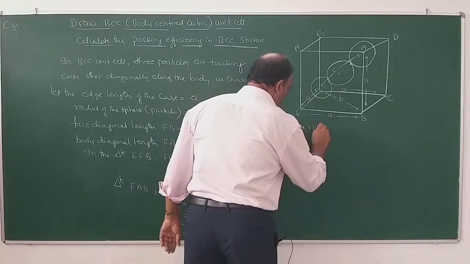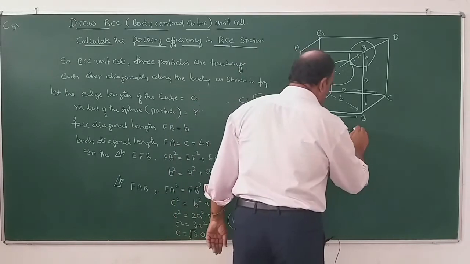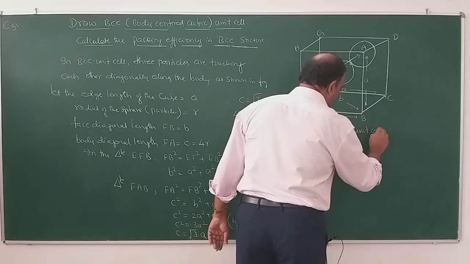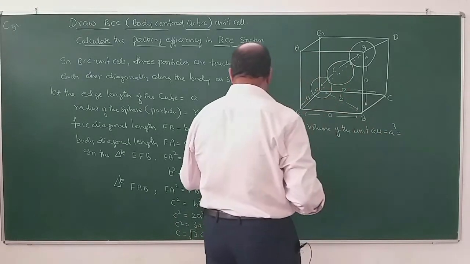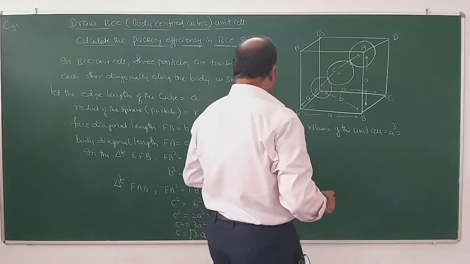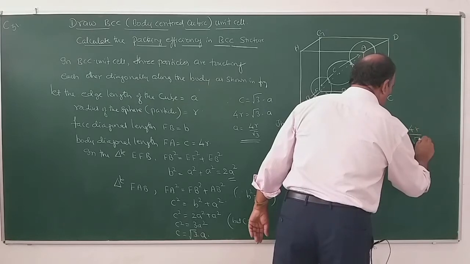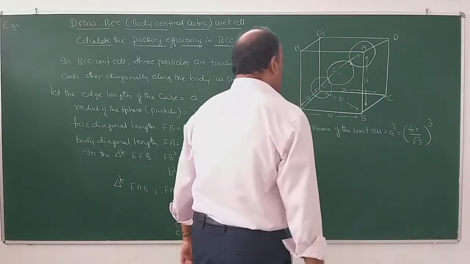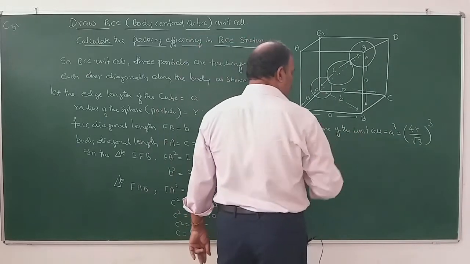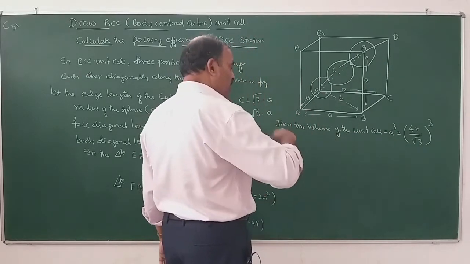The volume of the unit cell is equal to a cube, so this is 4r divided by root 3 whole cube. This is the volume of the unit cell you have got. Then you have to calculate the volume occupied by the particles.